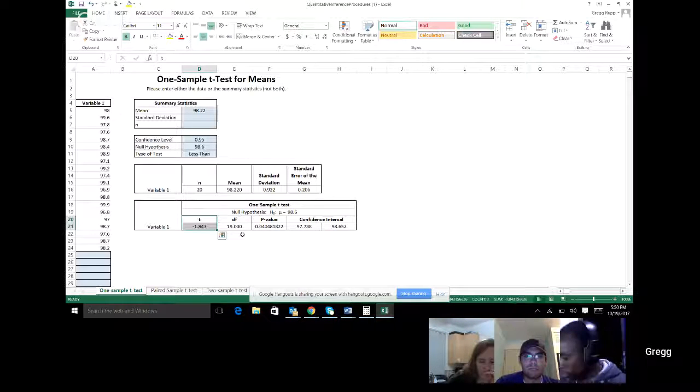The p-value is 0.04. Now this also makes more sense too. 0.040, because this is usually pretty close to alpha. Now this is less than alpha, right?